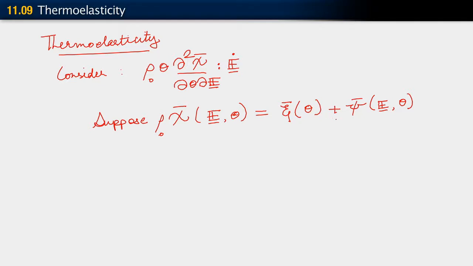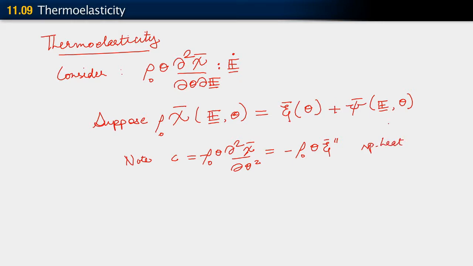So let me note that C, the specific heat, which we defined as rho naught theta, this second derivative with a minus sign, is now just minus rho 0 theta C bar double prime, because C bar is just a function of theta. That's our specific heat.